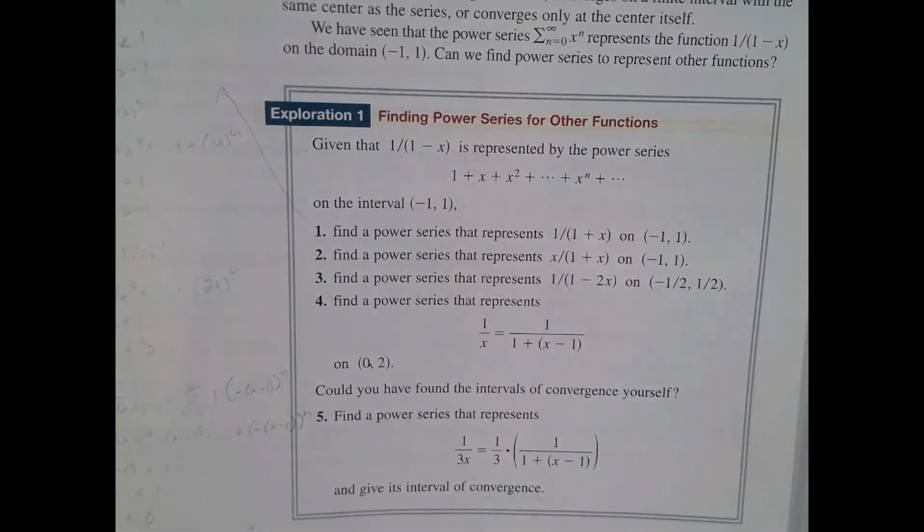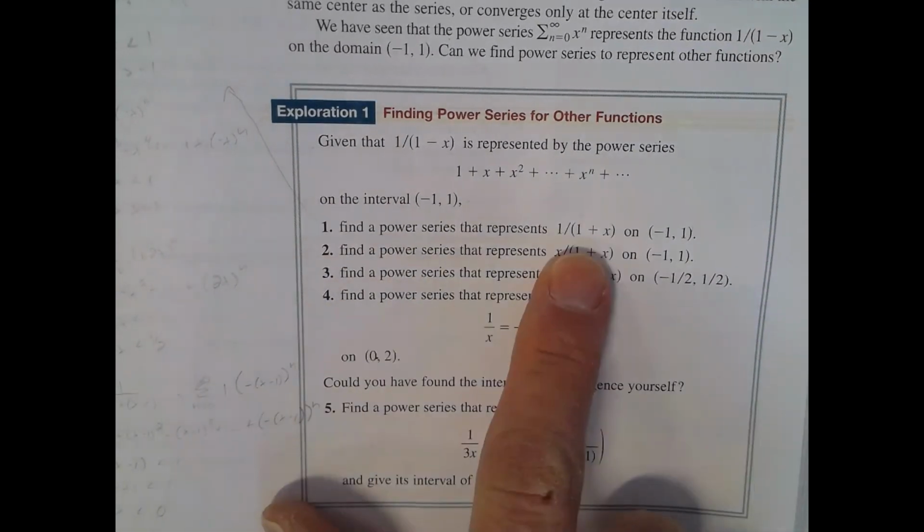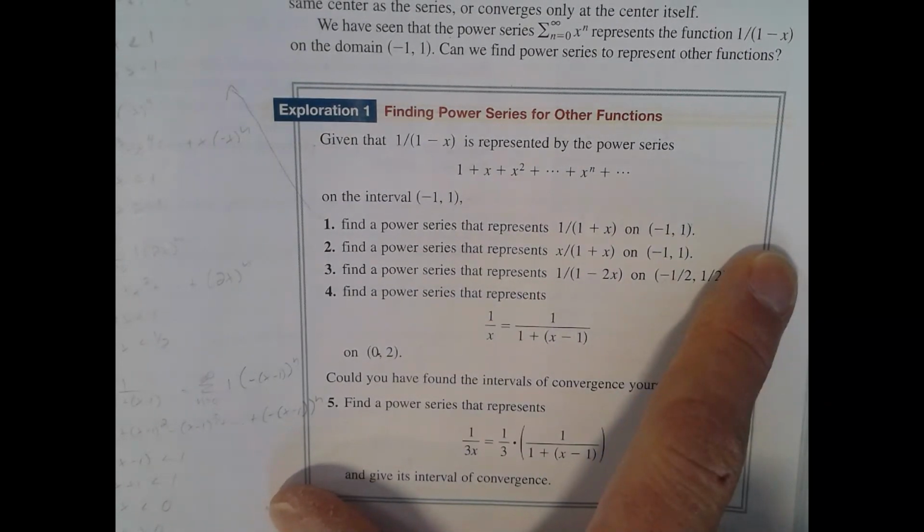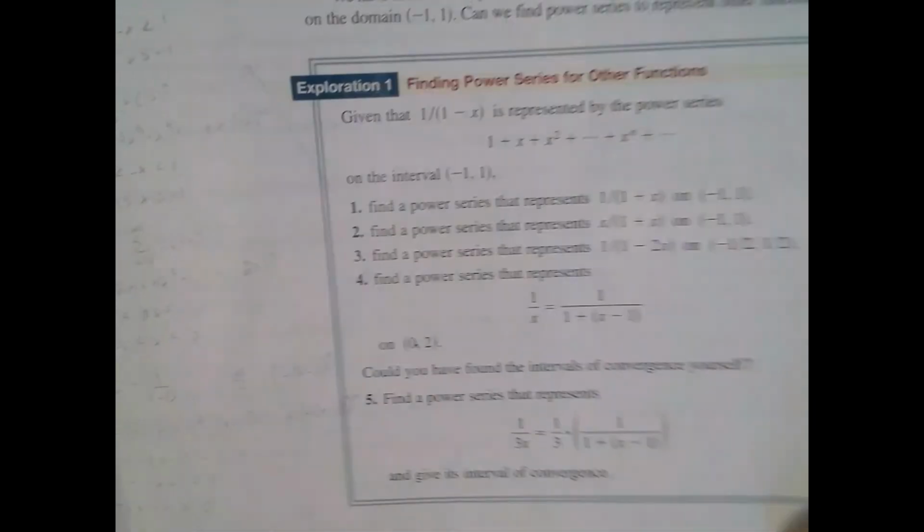So number 1, find a power series that represents 1 over 1 plus x. And they're giving us the interval from -1 to 1. Okay, so the 1 over 1 plus x, that's getting back to our expression a sub initial over 1 minus r.